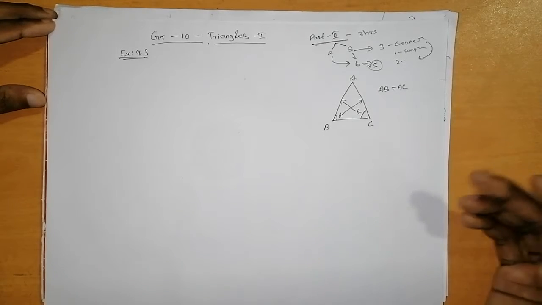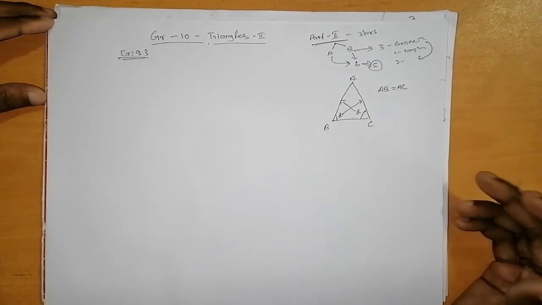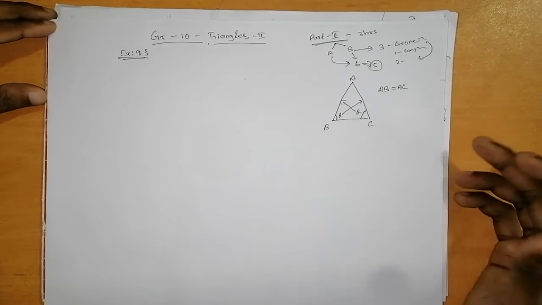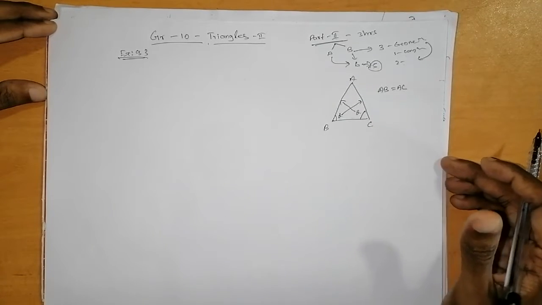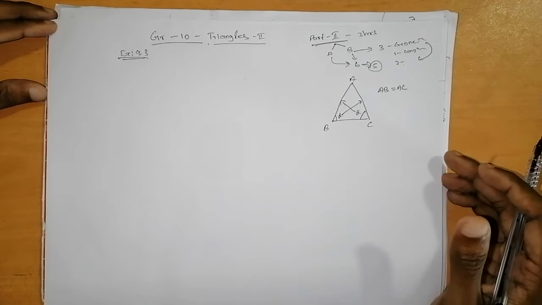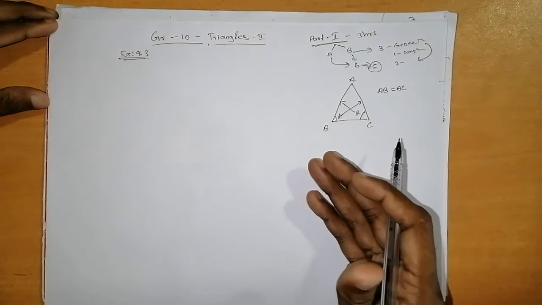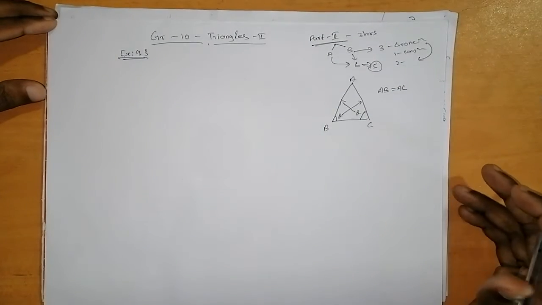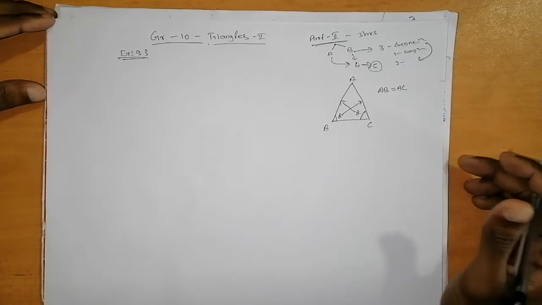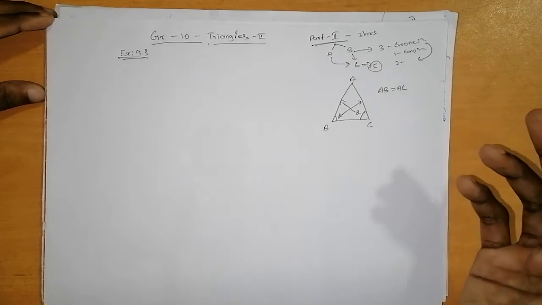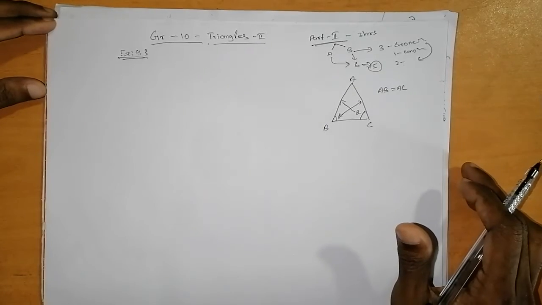That is our theory: sides opposite to equal angles are equal. While you are doing the question, for each and every step you need to write the reason. You are writing this reason almost more than 20 times in this lesson, so you can memorize the theory.